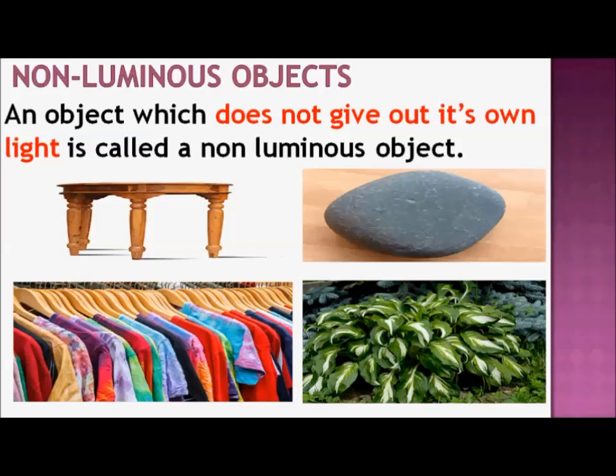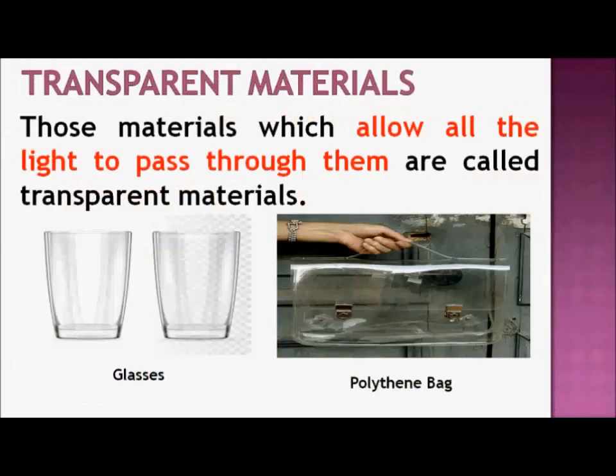Clear? Okay. Now we will see three types of materials on the basis of how they allow light to pass through them. The first material is transparent materials. What are transparent materials? Those materials which allow all the light to pass through them are called transparent materials.